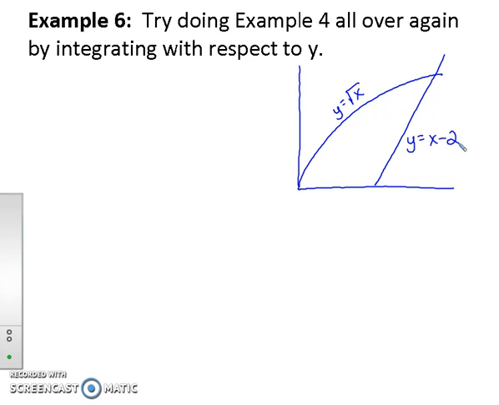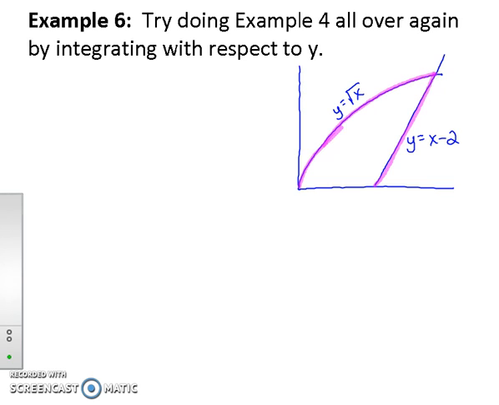Well, thinking about it in terms of x, I had to chop it up into 2 regions like we did in example 4. But if I think about it in terms of y and right function versus left function, y equals x minus 2 is always the right side boundary of this whole shark fin shape. And then the curve y equals square root of x is always the left-hand boundary of that region.